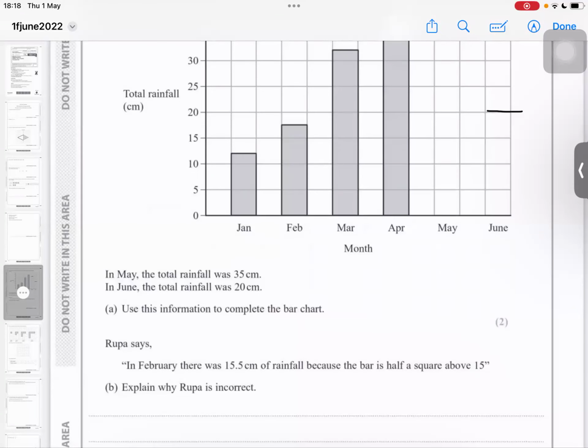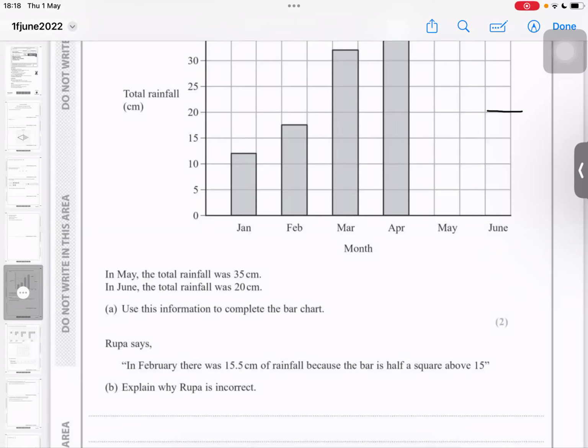Rupa says in February there was 15.5 centimeters of rainfall because the bar is half of a square above 15. Explain why Rupa is incorrect. I guess the scale says it all. The scale does not say each box represents one.